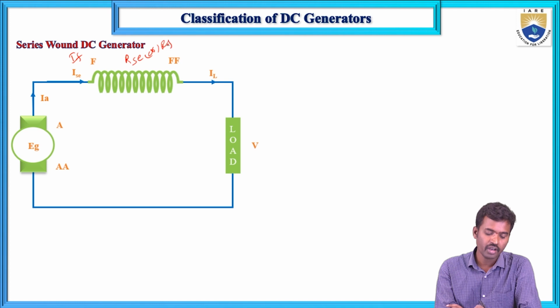The field winding resistance is R series or RF. In the shunt generator, we represented it as Rsh. Here EG is the induced EMF, the armature resistance is Ra and the armature current is Ia.